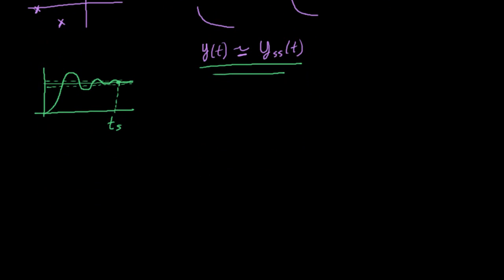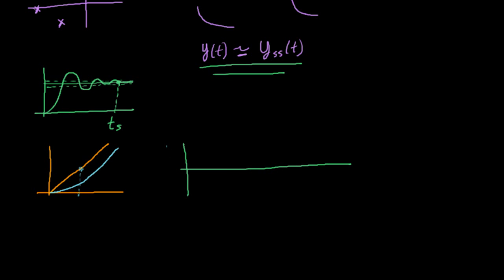In the case of other inputs, it may be tougher, but we can pretty much just by looking know when the transient response has disappeared. So in this ramp response, I would say this is the time in which there's only steady state, and in the case of the sine response, it is maybe even harder.